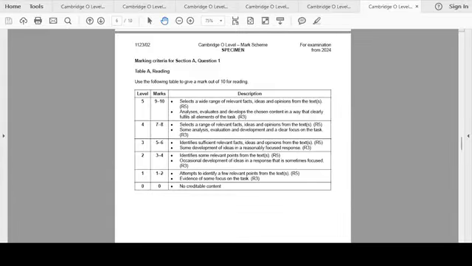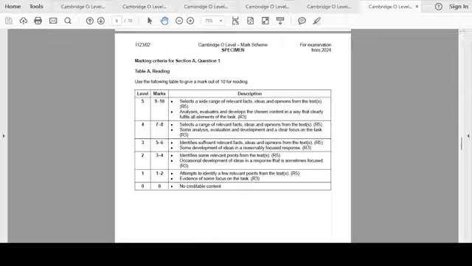So again, let's look at the highest level, where you can get 9 to 10 marks. And what would be expected of a response of this level? It selects a wide range of relevant facts, ideas, and opinions from the texts, right? So different ideas, not just one idea being repeated. In fact, if an idea is repeated, you generally won't include it because you've already done it once.